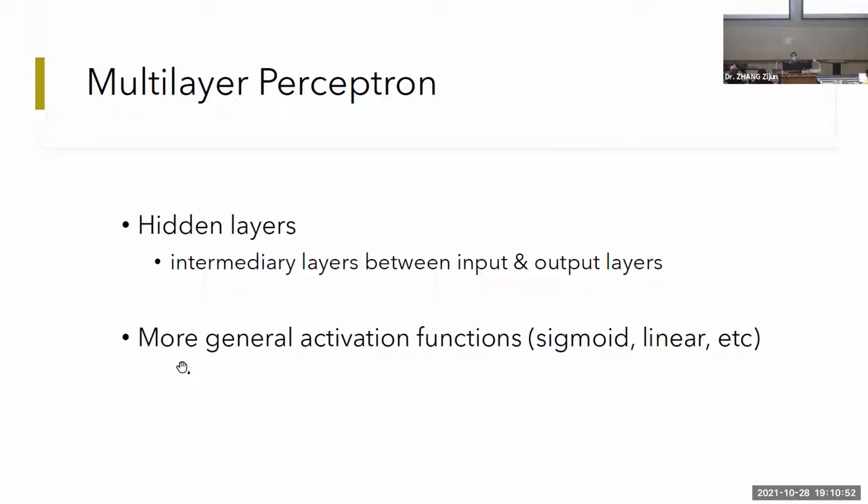Then how does multi-layer perceptron handle this case? We introduce nonlinear activation functions and more hidden layers to do the data transformation. Okay. So we introduce hidden layers between the input and output layers, which serve as intermediary layers. Then we use nonlinear activation functions like sigmoid or hyperbolic tangent.